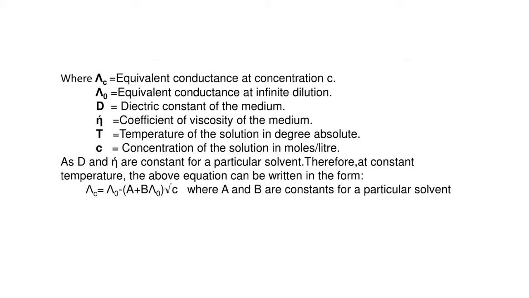And for a given solvent at a particular temperature, this expression can be written like this: lambda C equals lambda 0 minus (A plus B lambda 0) into square root of C, where A and B are constants for a given solvent.